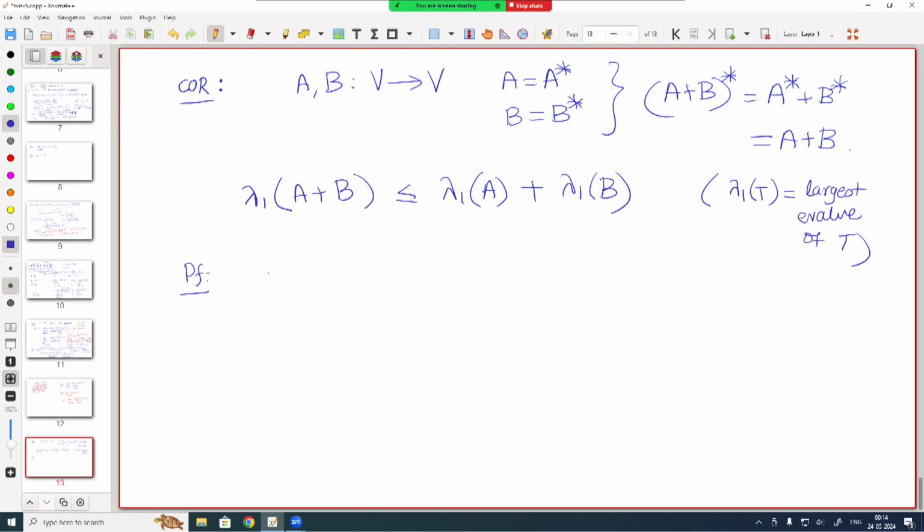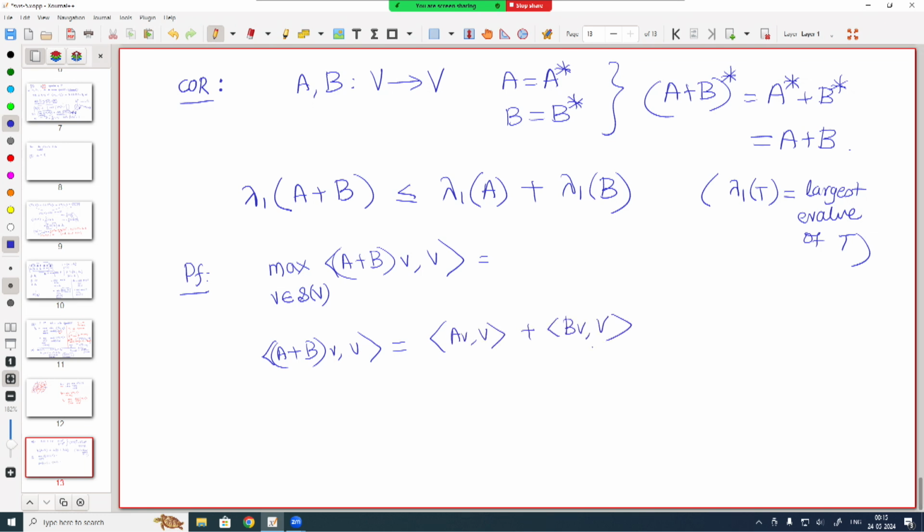What is lambda 1, the largest eigenvalue? It is realized as the maximum of (A plus B)v comma v, where v ranges over the unit sphere. But (A plus B)v comma v is Av comma v plus Bv comma v, and observe each of them is less than or equal to the corresponding maxima.